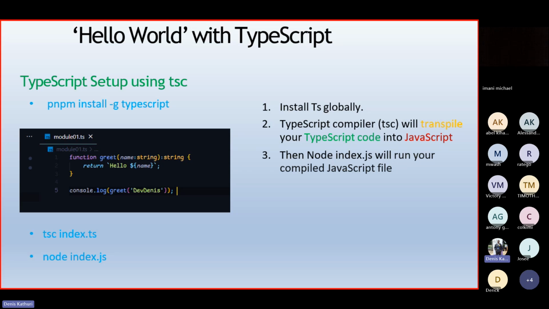The other thing is to select your editor. You can write your TypeScript code in any editor or IDE, but in this session, we will be using VS Code, or Visual Studio Code, which is a free and lightweight source code editor, and it runs on any desktop, whether it's Mac, Linux, or Windows.